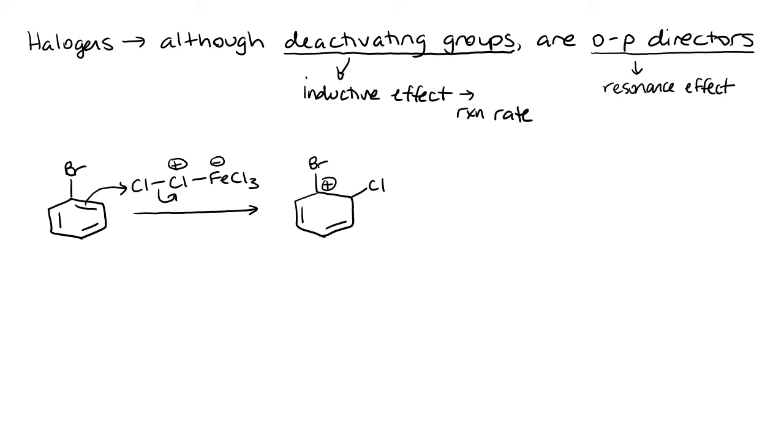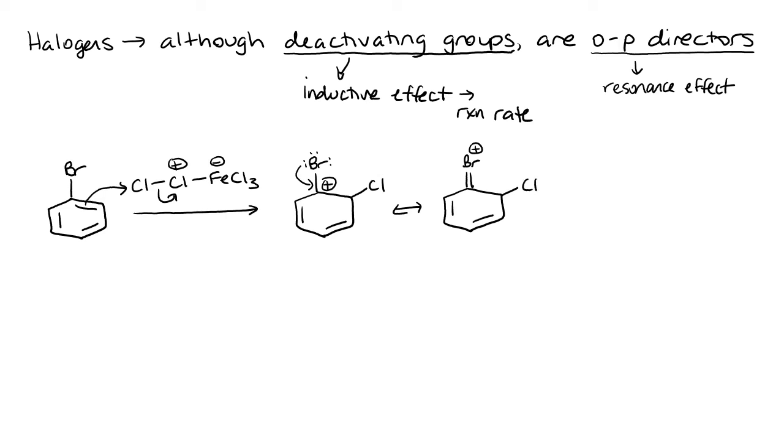Now right away we can see a positive charge on the carbon containing our halogen. Now halogens have lone pairs. So similar to what we saw with the activating groups, these lone pairs can be donated down to create a 4th resonance structure. So we can share that positive charge with the halogen.